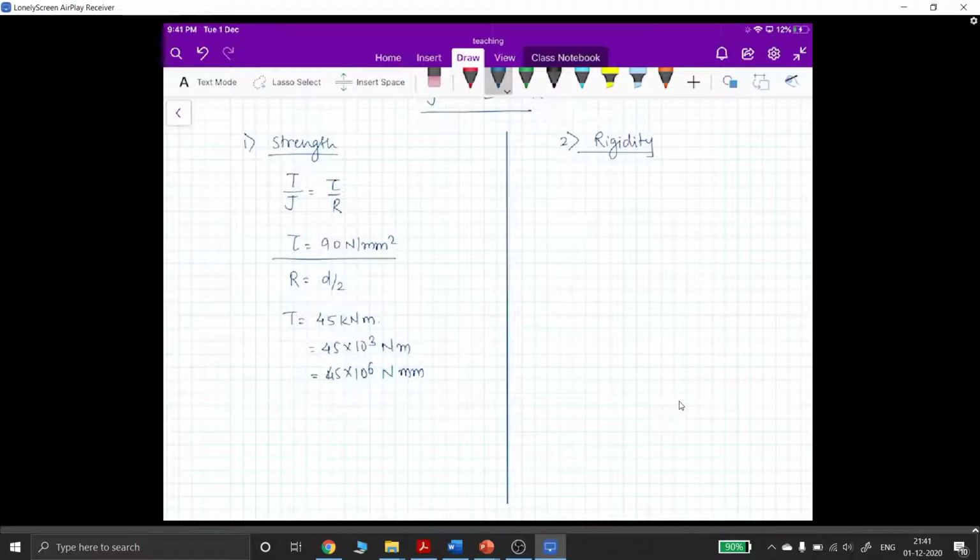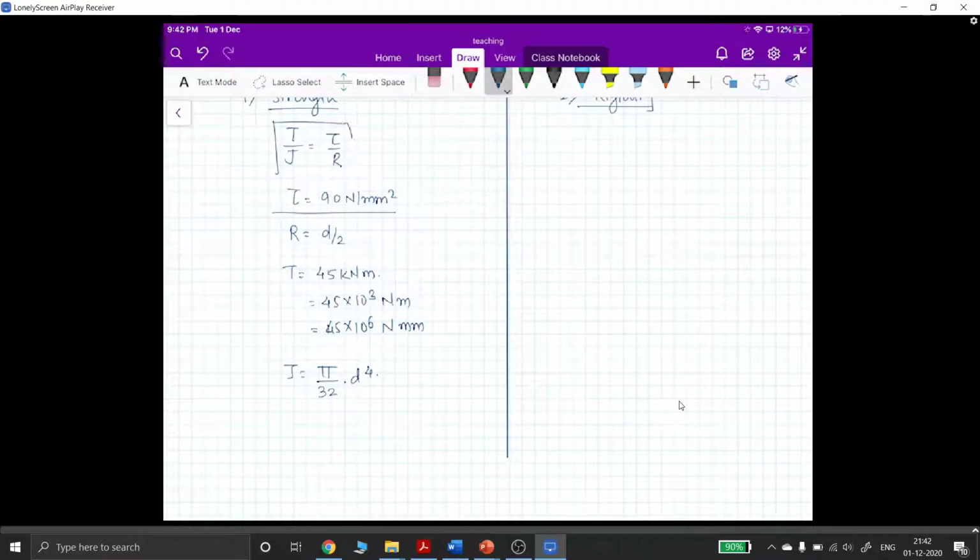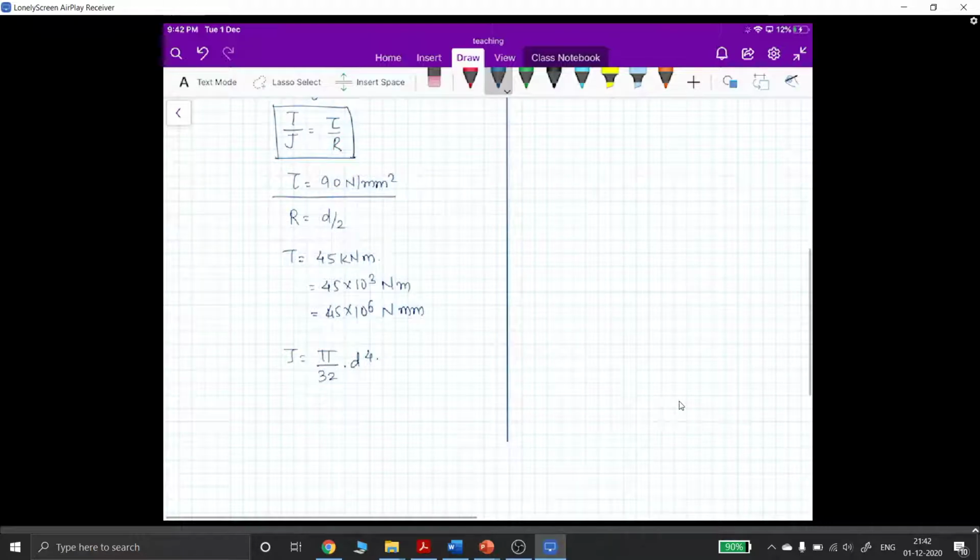T is given to us, tau is also given to us. Now, what is J? J is the polar moment of inertia. For a solid circular shaft, it is pi by 32 into d to the power 4. If we substitute all this into the formula for strength criteria, it will be 45 into 10 to the power 6 Newton millimeter divided by J, which is pi by 32 into d to the power 4, equal to tau by R, where R is d by 2 and tau is 90 Newton per mm square.